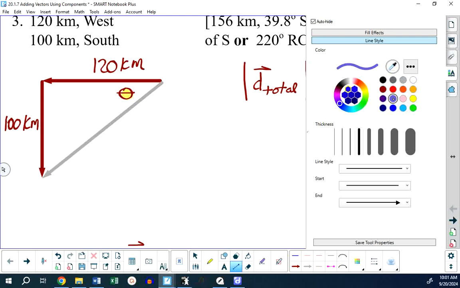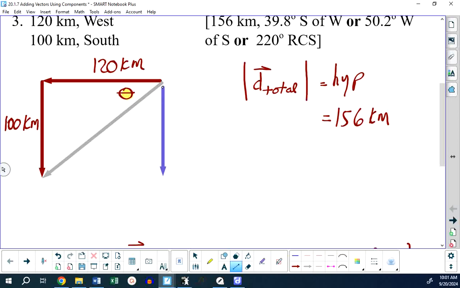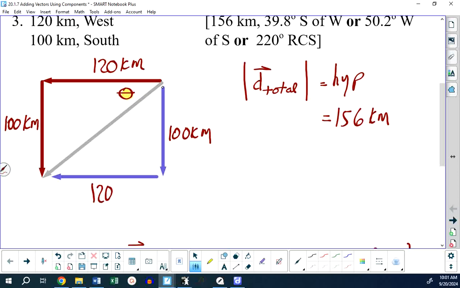You would have started at this point and drawn a vertical arrow south and then a horizontal arrow west. And this would have been 100 and this would have been 120 kilometers. You still would have drawn the hypotenuse from the beginning of the blue diagram to the end of the blue diagram, and it would be the same hypotenuse, so you would still get 156, right?